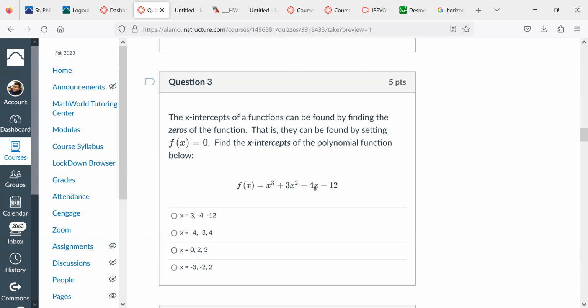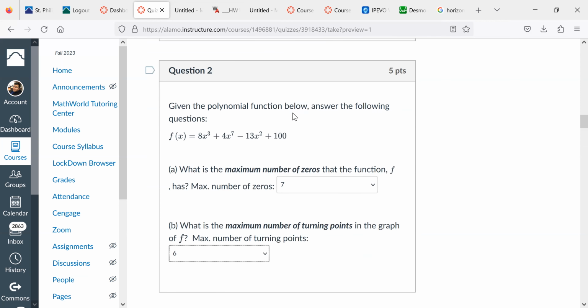On this one, let me just write a note here for you.